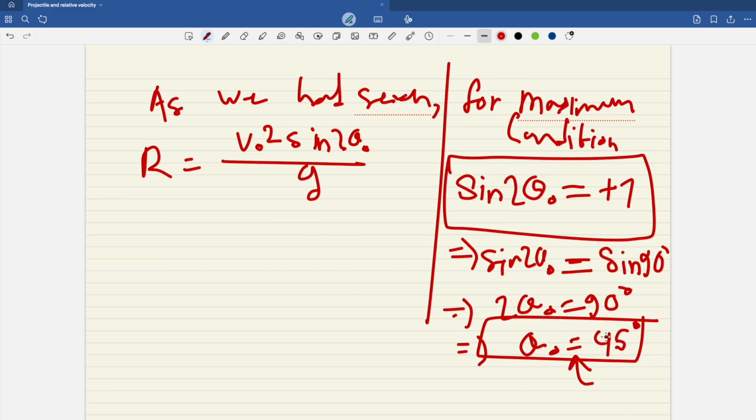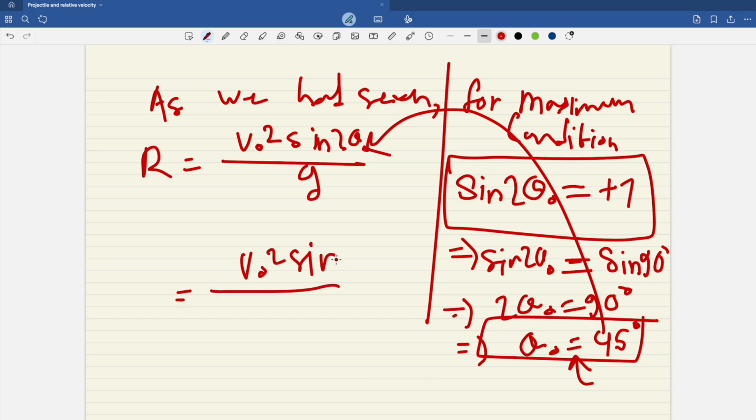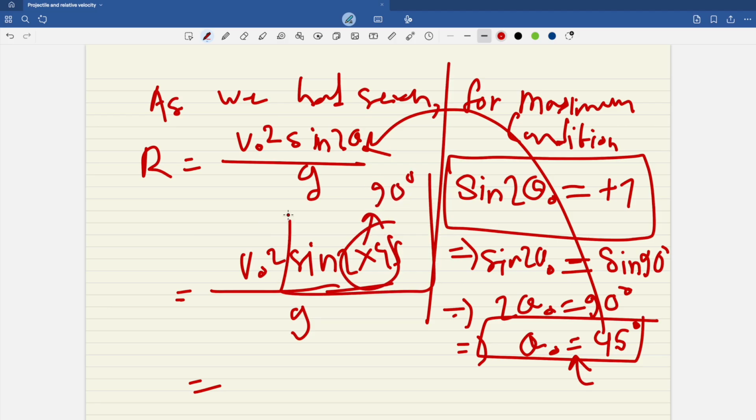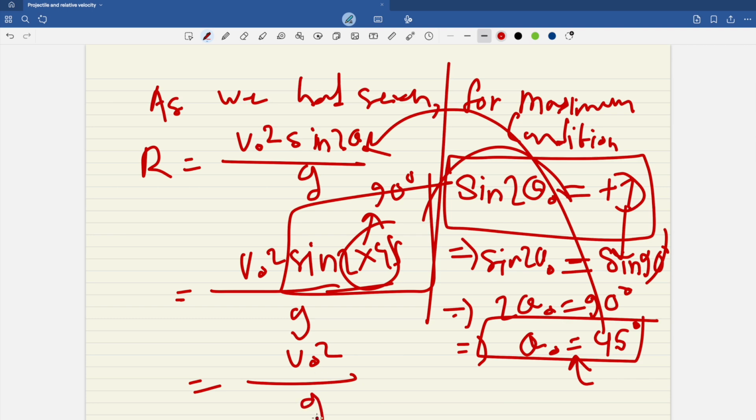If we put this value right over here, then v naught square sine 2 multiplied by 45 divided by g, so it turns out to be sine 90, and as we had seen, sine 90 is 1, so v naught square divided by g is equal to r.